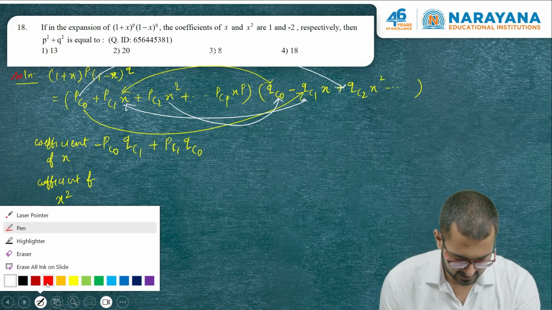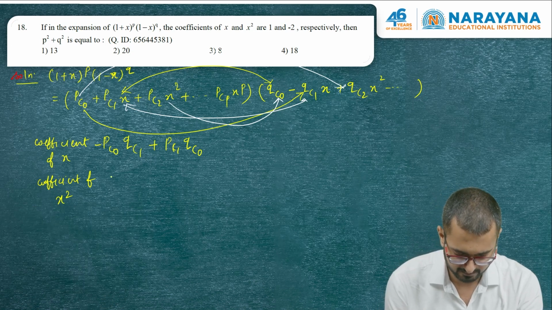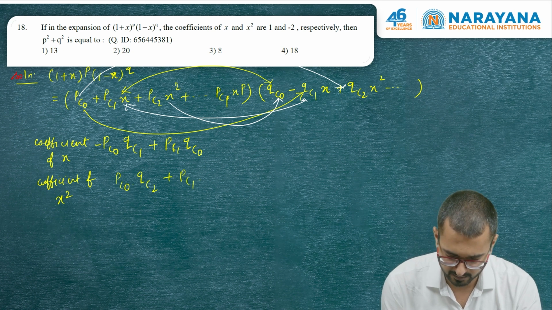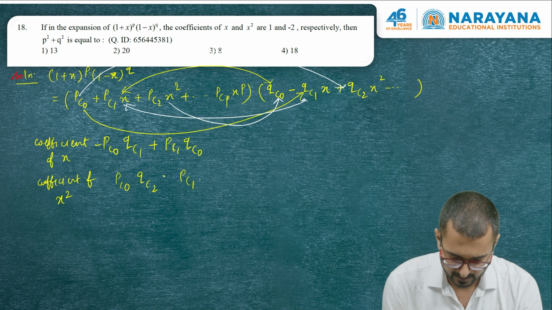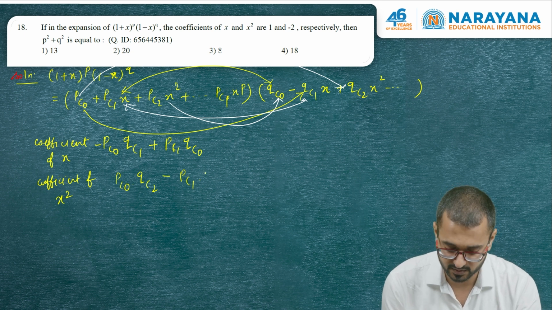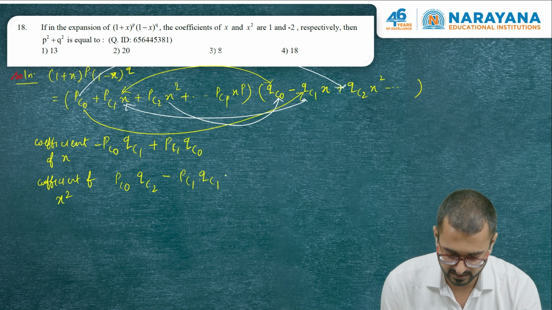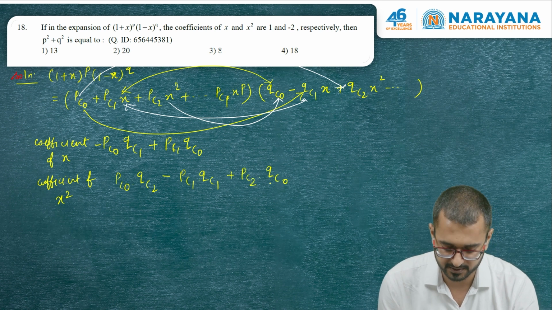So yes, we can handle it. Yeah, this will become pc0 into qc2 plus pc1, oh no, not plus, minus, this is pc1 into qc1, so that is minus, and then again one more white column, so it will give me plus pc2 into qc0.